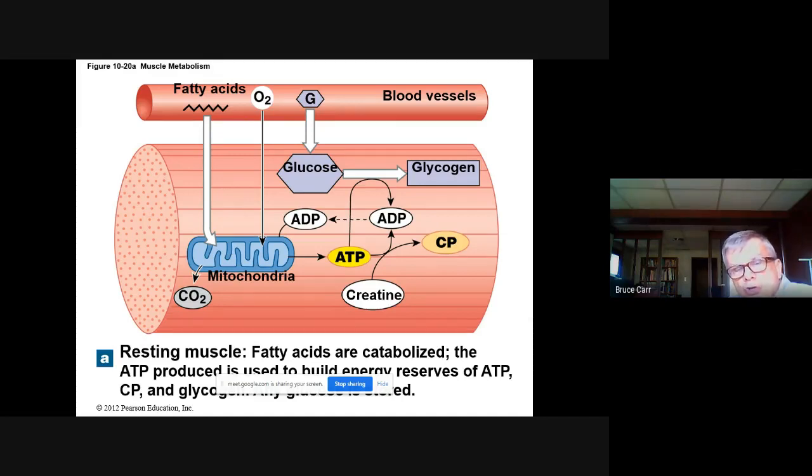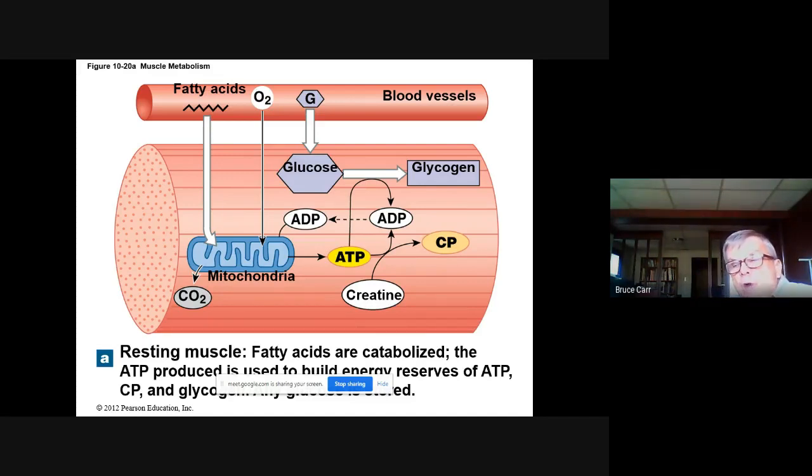Now, the oxygen demands are slow, and so you're breathing at rest normally, and the CO2 production is relatively low. The ATP that is produced is being used to support your bodily activity of all organ systems, and the extra ATP is charging up that creatine to creatine phosphate.